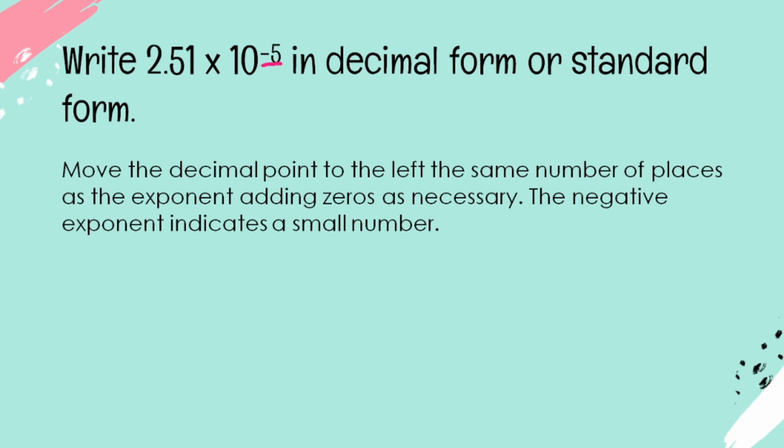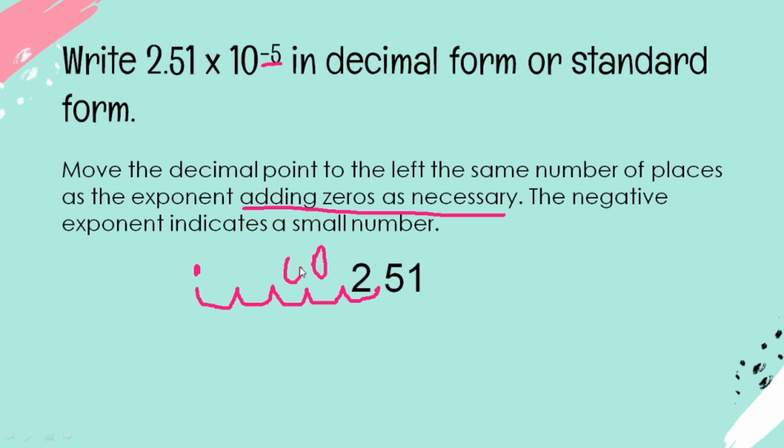This time, we have negative exponent, we need to move to the left. Okay? So, kopyahin muna natin yung ating A na 2.51. So, meron tayong 2.51. Saan daw natin dadalhin itong decimal point? Sa kaliwa, since we have negative as exponent. Ilang beses? 5 beses. So, we have 1, 2, 3, 4, 5. So, ayun na si decimal point. Meron tayong spaces. So, meaning to say, we need to add a 0 dun sa mga spaces na yun. So, we have 1, 2, 3, 4.